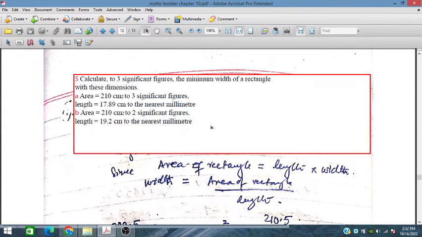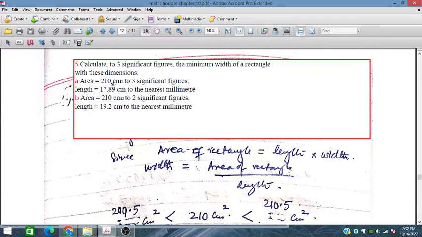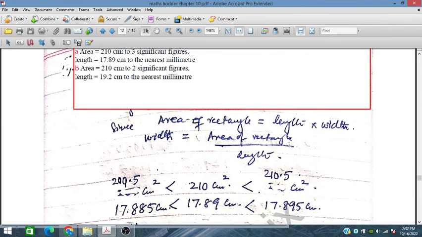For the first one, we have the area of a rectangle equal to length times width. The area of the rectangle is given as 210, so its upper bound and lower bound are 209.5 centimeters square to 210.5 centimeters square, and the length bound is 17.885 to 17.895.